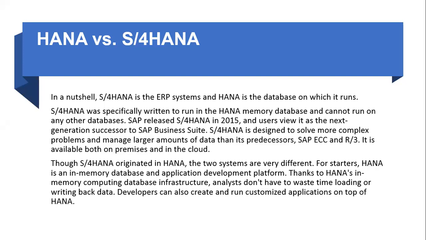HANA is the database on which it runs. The system where the processing of the transaction happens is S4 HANA. The HANA database is where the information sits, along with the interpretation of data. And as we go deeper, you will see that Fiori is the presentation layer.